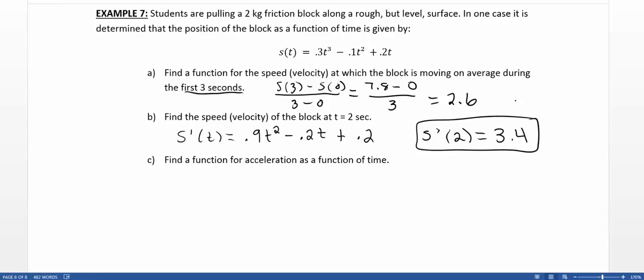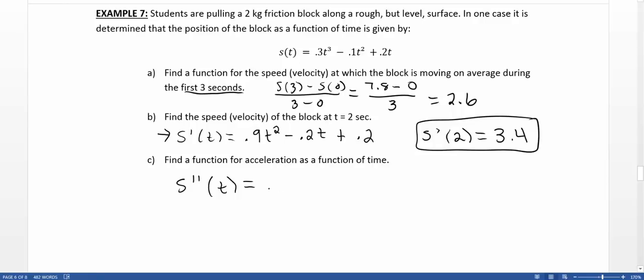Part C, find a function for acceleration as a function of time. So as a reminder, acceleration is the derivative of velocity, or what's called the second derivative of position. So here, if we take the next derivative, which is the derivative of velocity, we can find the function for acceleration.